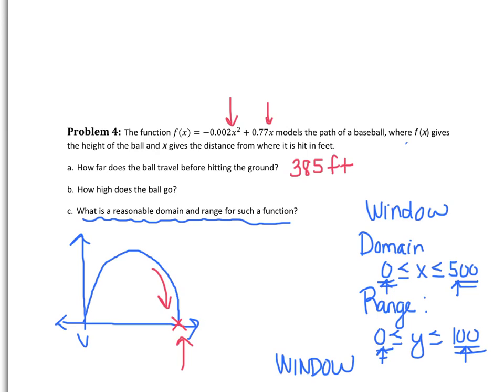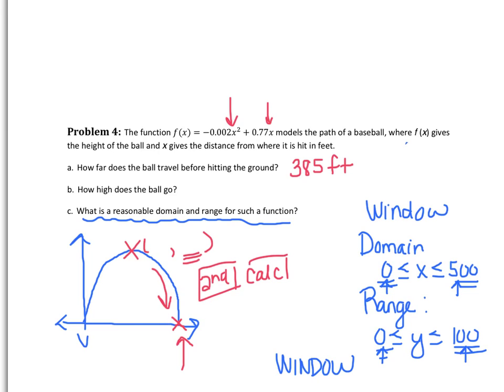How high does the ball go? Well, what is that really asking us? That's asking us for our maximum. So we need to find that vertex, and remember, max has to do with the y value. What's the highest value that this curve reaches? You're going to use the second calc feature on your calculator again. And I don't remember if we did this in previous lessons.